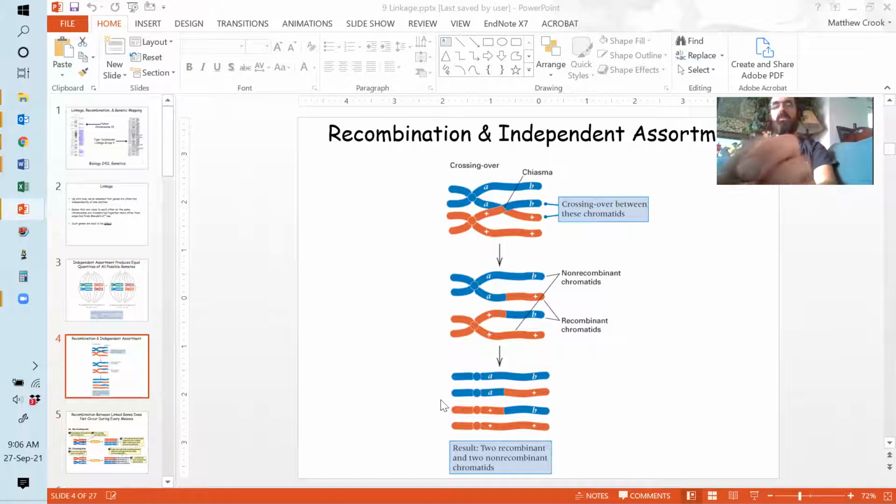So if you have a small distance, the random likelihood of recombination occurring between those two points is small. If you have a really big distance, the random probability of recombination happening between those two points is very high. And you can get genes far enough away that recombination will always occur between them.